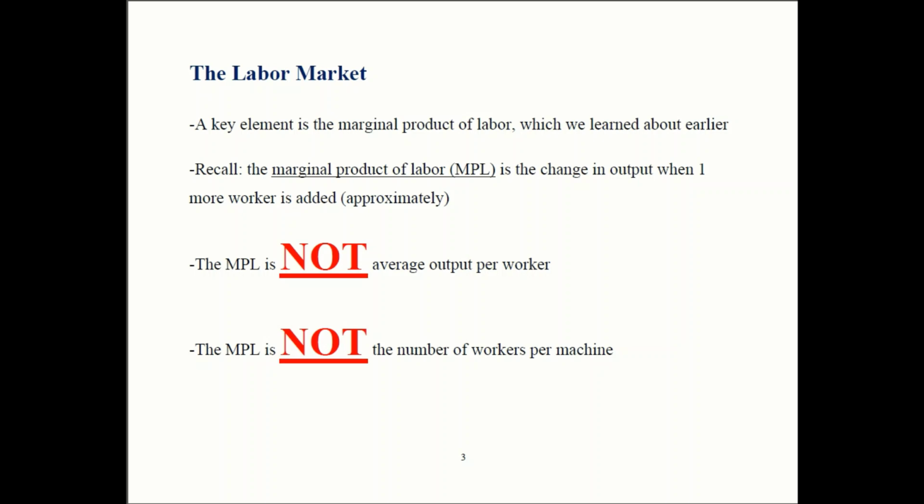Beware of these common MPL myths. A lot of my students in the past tell me that the MPL is output per worker. That is not true. Once I spent a lot of time dealing with that myth, my students invented a new myth to take its place. Then they started telling me that the MPL is the number of workers per machine. That is also not true. So be careful with that.